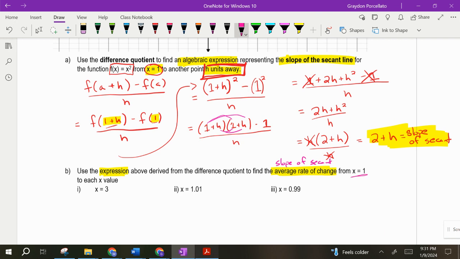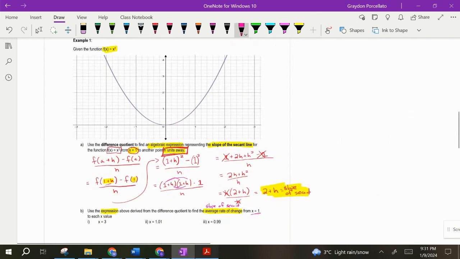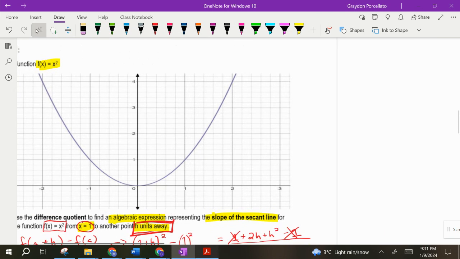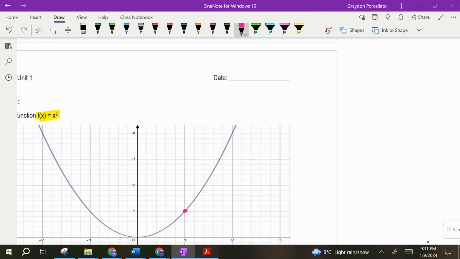So it wants us to find the slope of the secant from x equal to 1 to 3. Well, let's go to our graph here for a minute. x equal to 1 and x equal to 3. Well, 3 would be way up here, right? So it basically wants us to find the slope of this secant here.